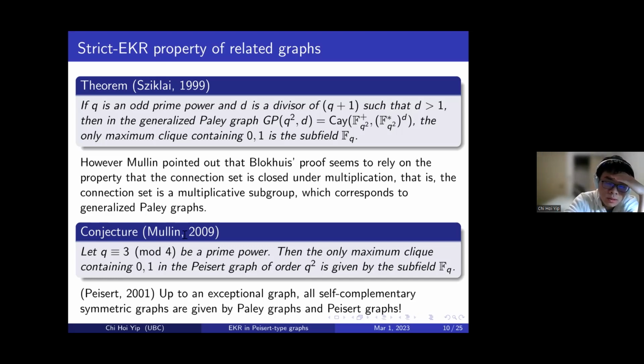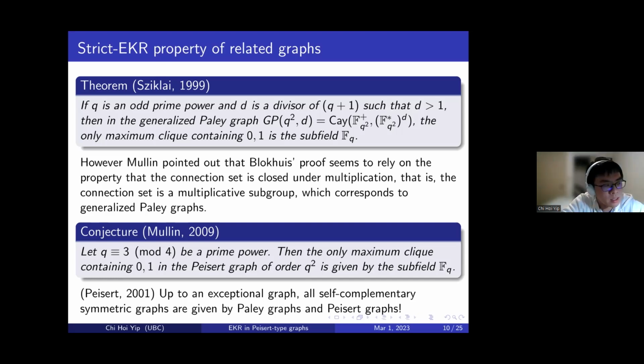And the graph she was interested in is the so-called Peisert graphs, and she would like to establish the same EKR type result for Peisert graphs.